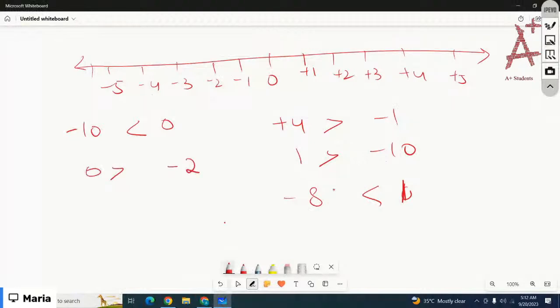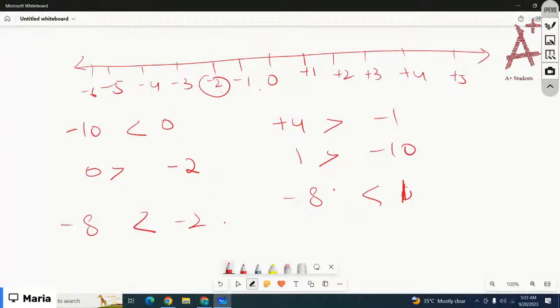When you're comparing two negative numbers, for example negative 8 and negative 2, just look at the position. Negative 2 is just 2 points away from 0, and negative 8 is 8 points away from 0. So negative 8 is much farther than negative 2, and negative 8 is less than negative 2.